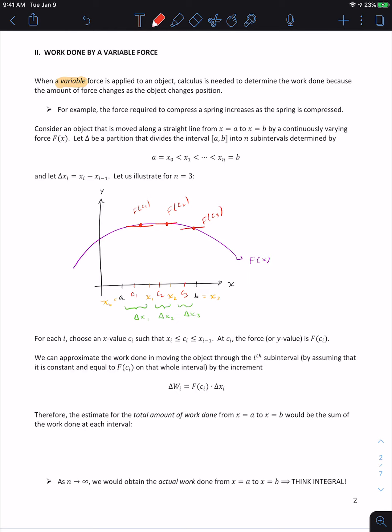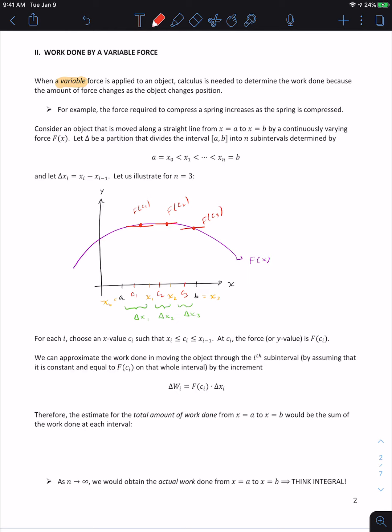So on each of those intervals, instead of the force changing for each x value on the interval, I'm just going to assume that it's equal to that height, either f of c sub 1, f of c sub 2, or f of c sub 3. I'm going to assume that the force is constant on that little interval.